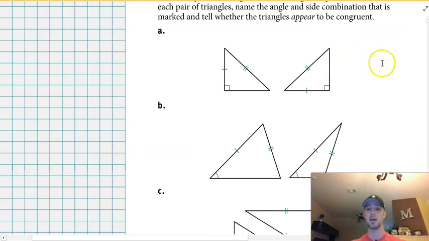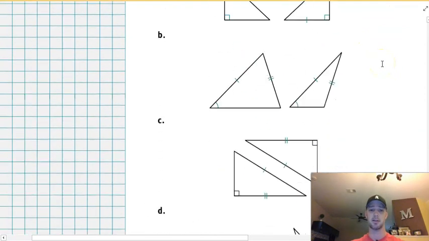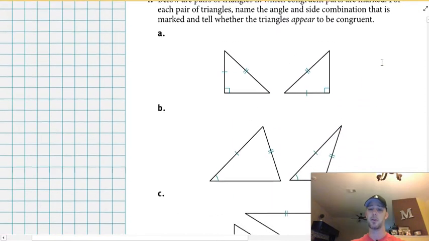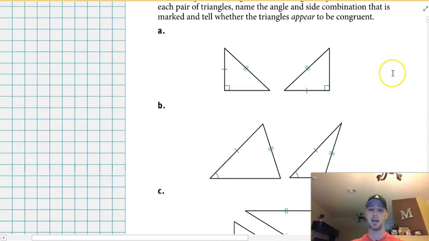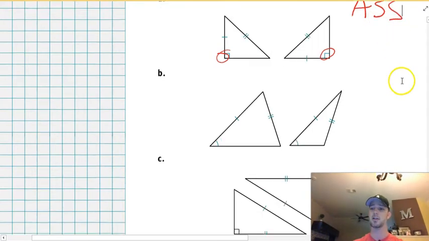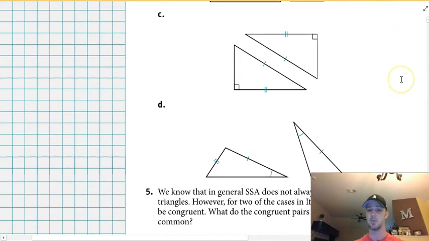However, there is a new type based on the examples. What page are we on now? 162. We do have some triangles with one angle and a couple of sides. You'll notice the angle is not included in between the sides. So we actually have angle, side, side on each of these triangles. And you're like, oh yeah, that's one of the ones that doesn't work.